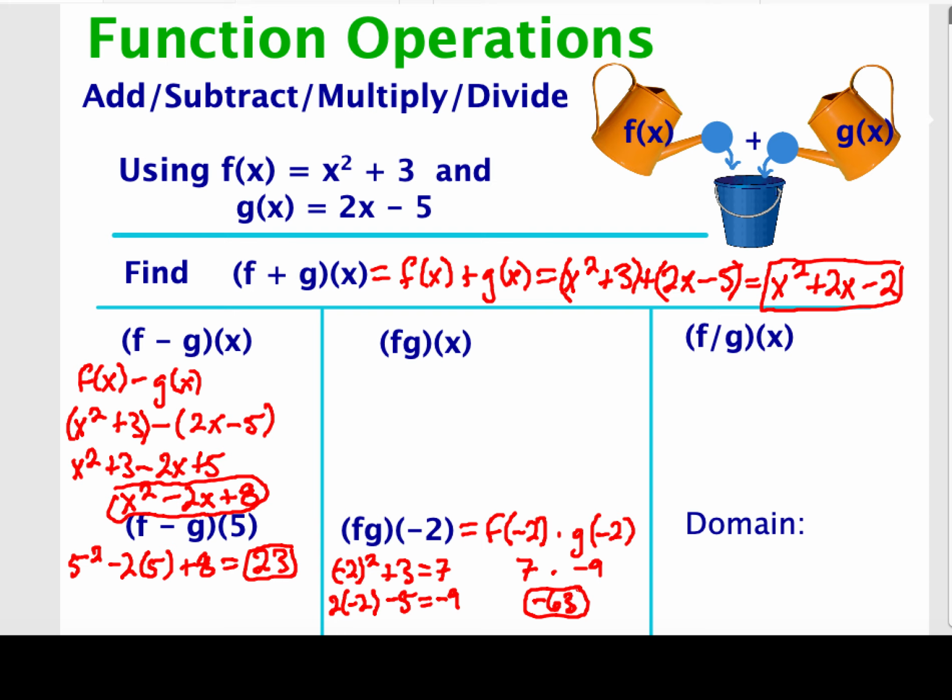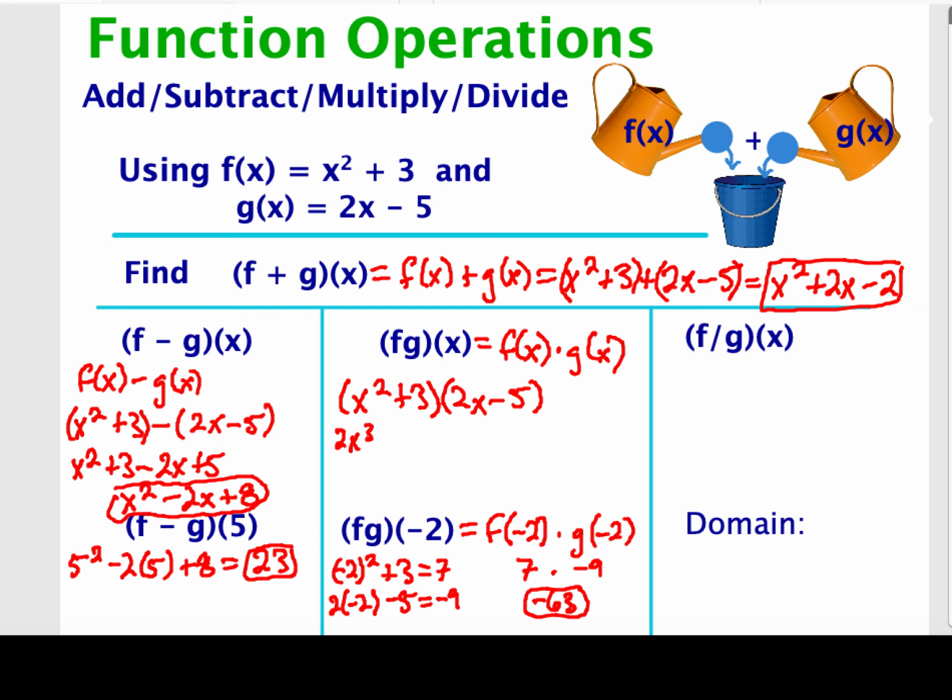Well, we could, again, up top, find f times g, or f of x times g of x, if we like. But again, that's going to take a little bit of algebra. We've got x squared plus 3, 2x minus 5. We're going to have to FOIL a little bit, so x squared times 2x is going to be 2x cubed.